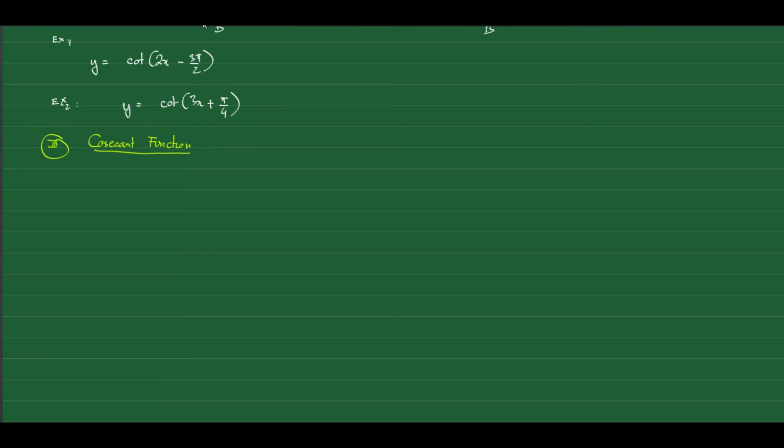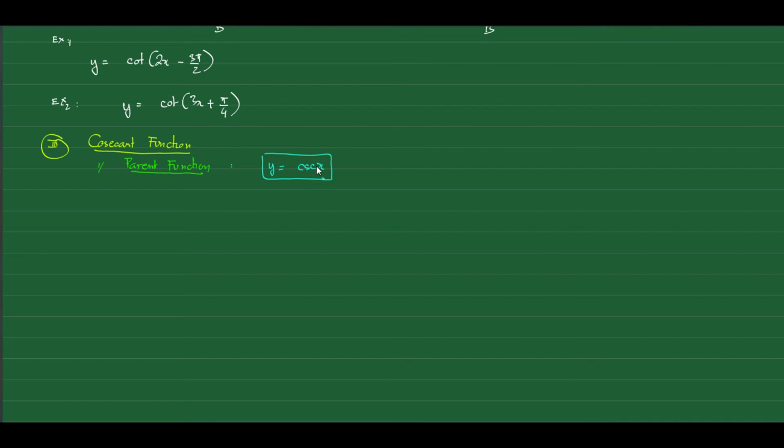We're going to have the parent function of cosecant. We're going to have something like this: y equal to cosecant of x.